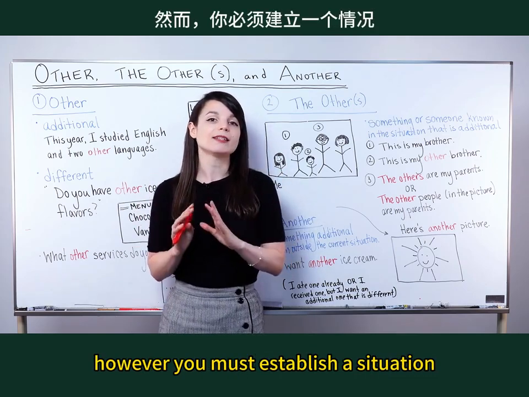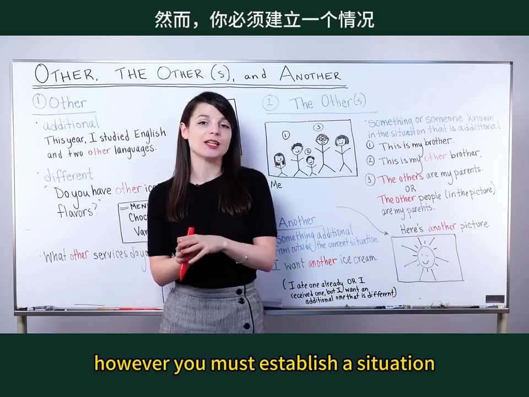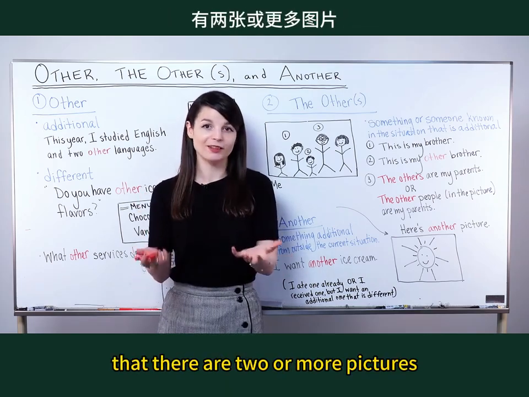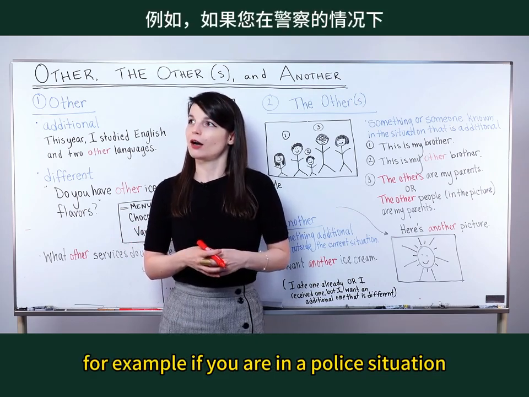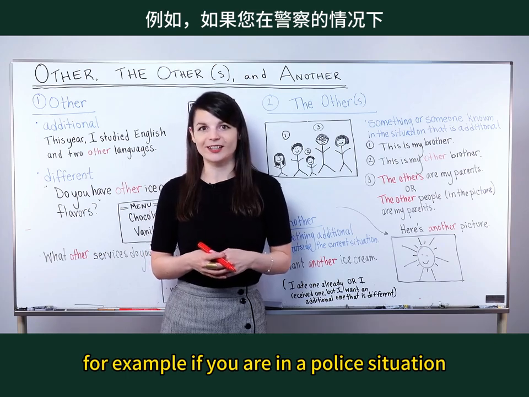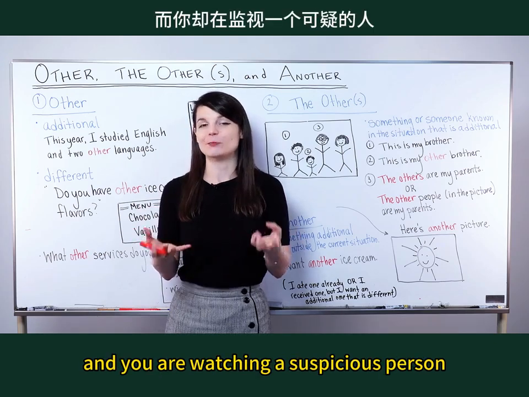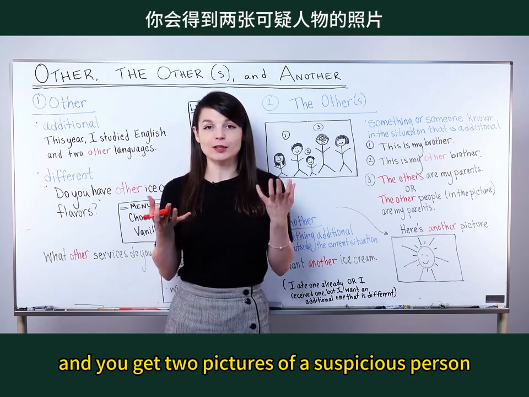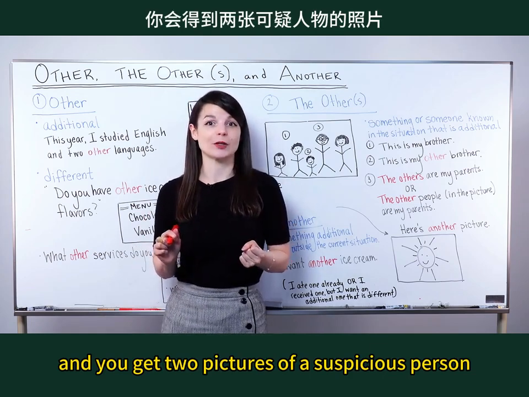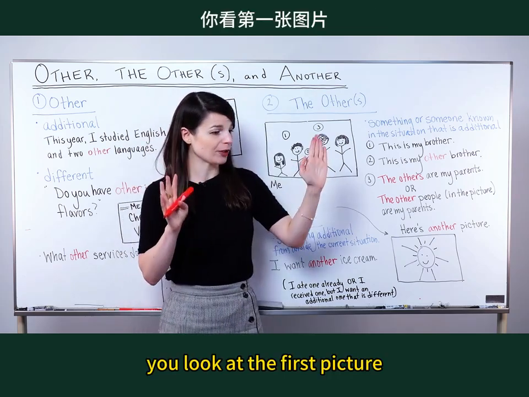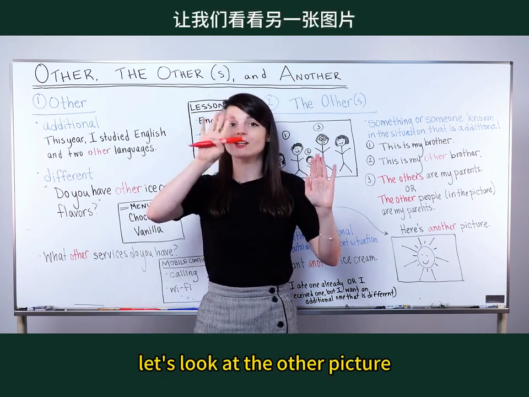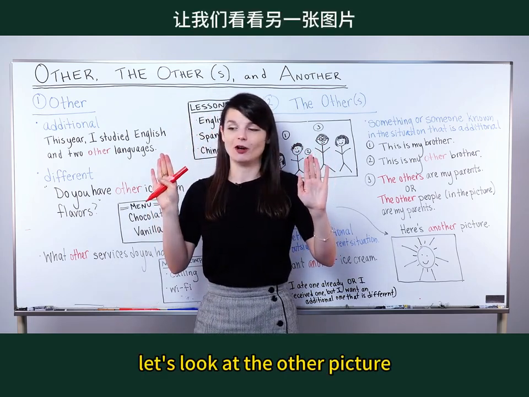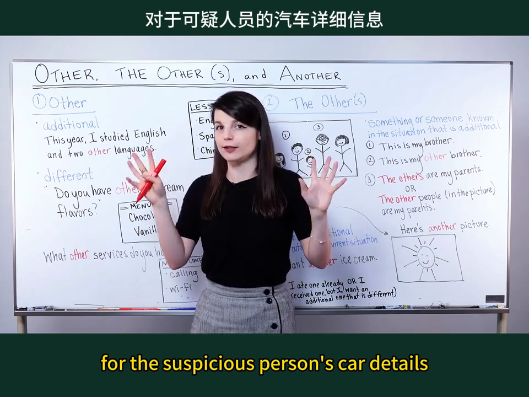However, you must establish a situation in which it is known that there are 2 or more pictures. For example, if you are in a police situation and you are watching a suspicious person and you get two pictures of a suspicious person, you look at the first picture to see the suspicious person, and then you say, let's look at the other picture for the suspicious person's car details.